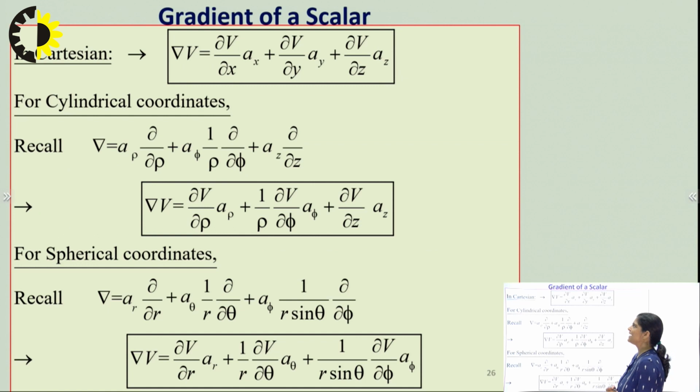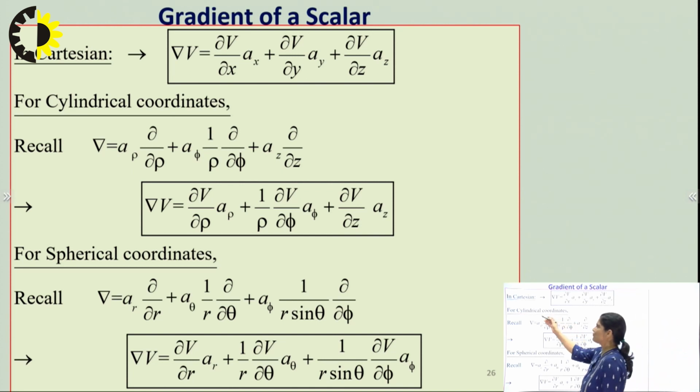Now we can write gradient of a scalar in Cartesian form, cylindrical form, spherical form. First we are considering the case of Cartesian. Del V is equal to del V upon del x unit vector of x plus del V upon del y unit vector of y plus del V upon del z unit vector of z. This is the case for Cartesian.